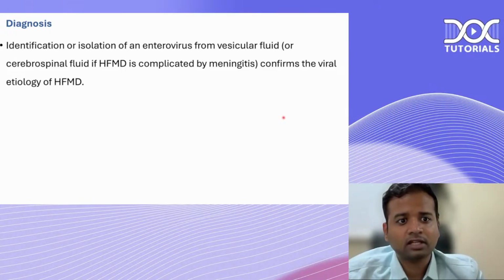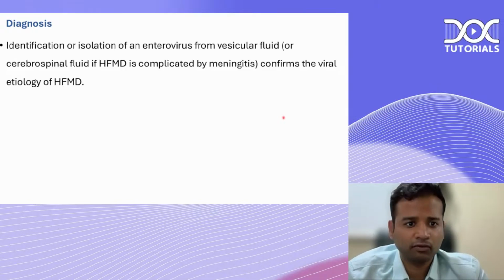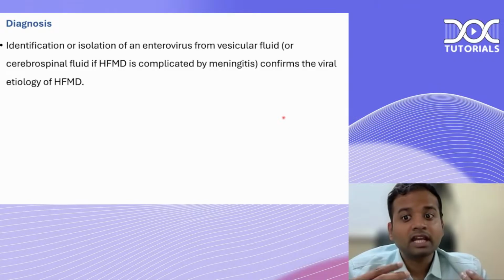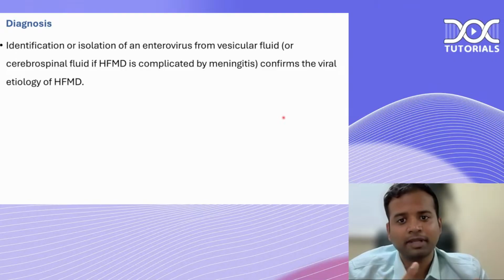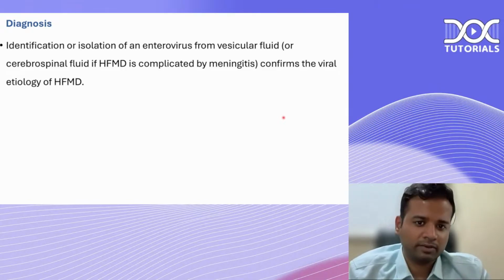If it is a complicated HFMD, you can also isolate the virus from the cerebrospinal fluid. If the child has aseptic meningitis or brainstem encephalitis, the CSF can be tested by enterovirus PCR, and we can confirm the etiology of HFMD.